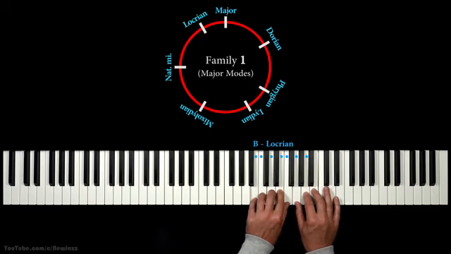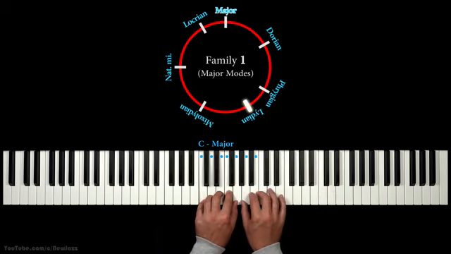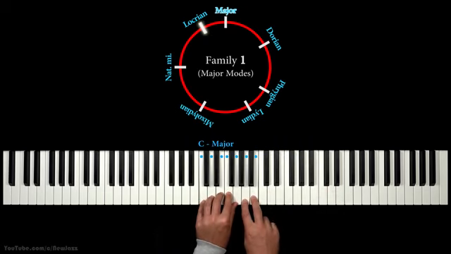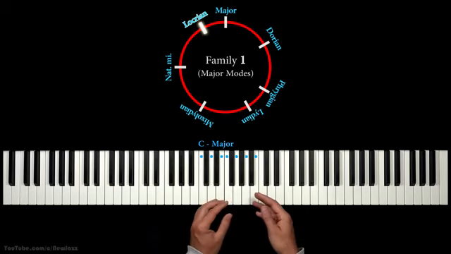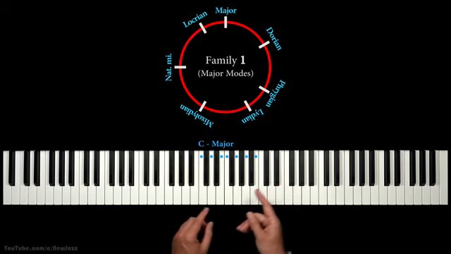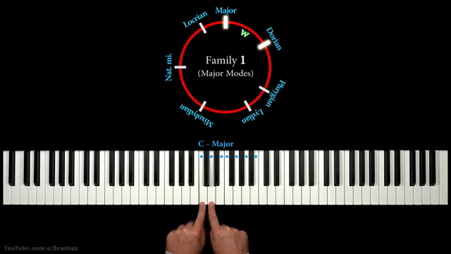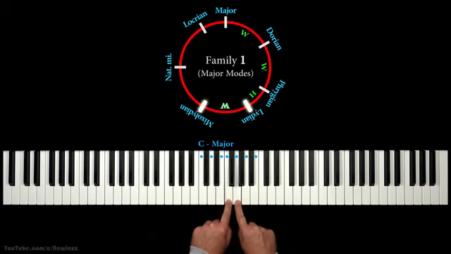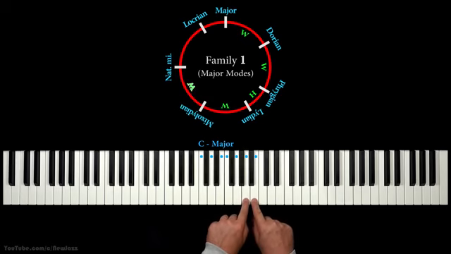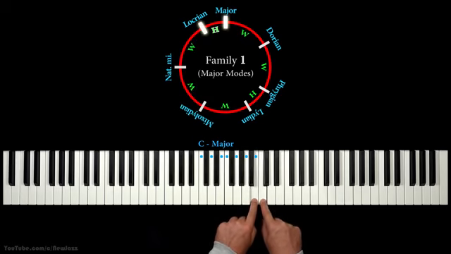So the major scale contains 7 notes. And by using each of the 7 notes as separate starting points, we can create 7 different family members, right? Now, look at the interval steps on our major scale. Whole step, half step, whole step, whole step, whole step, and a half step.